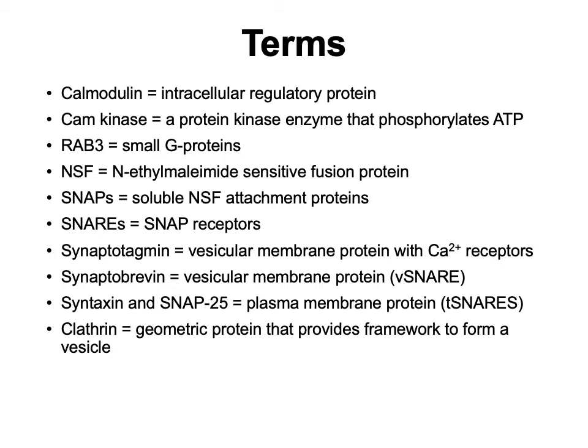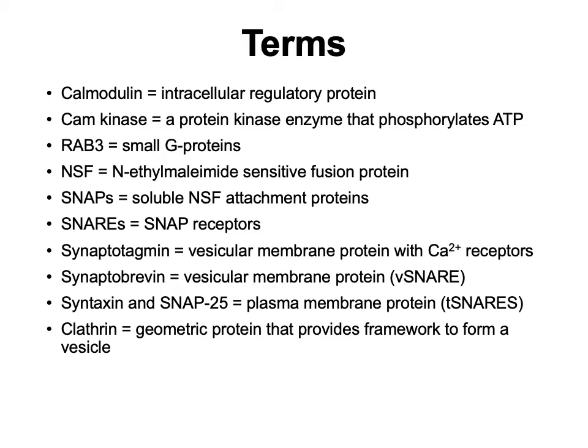Okay, before I can talk about the synaptic vesicle cycle, or how a neuron actually releases a neurotransmitter via a vesicle, we've got to cover some terms. So the first term here is calmodulin, and calmodulin is an intracellular regulatory protein.